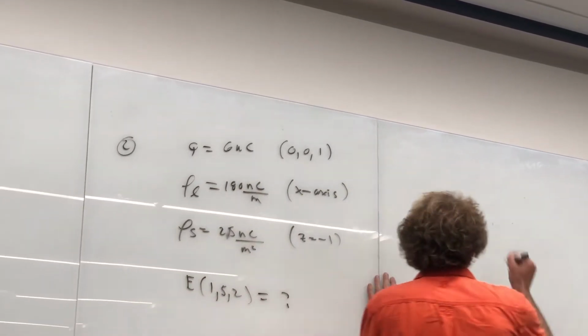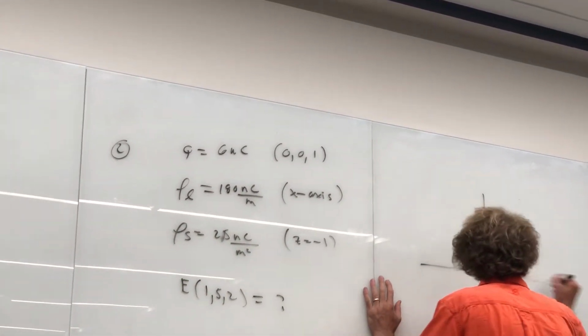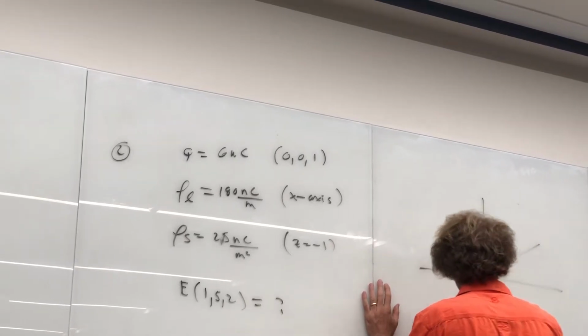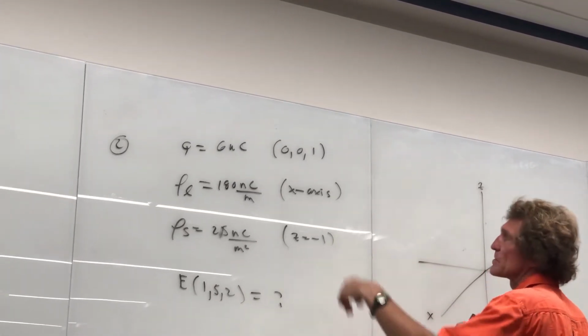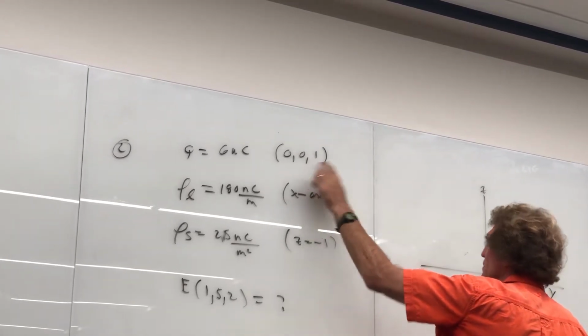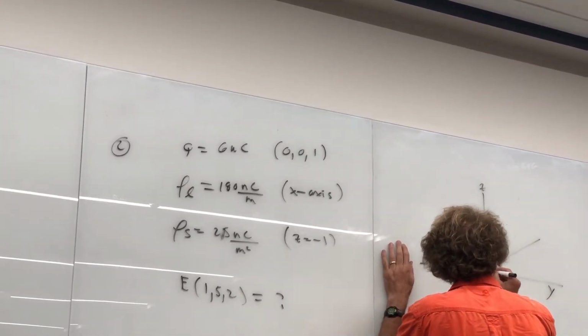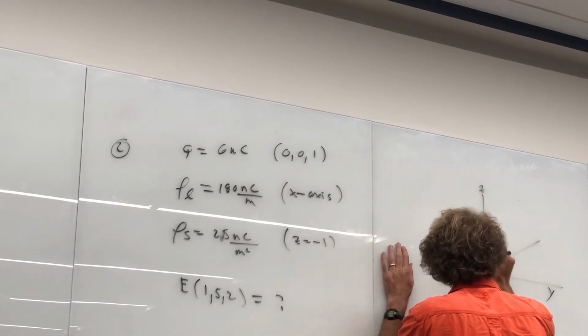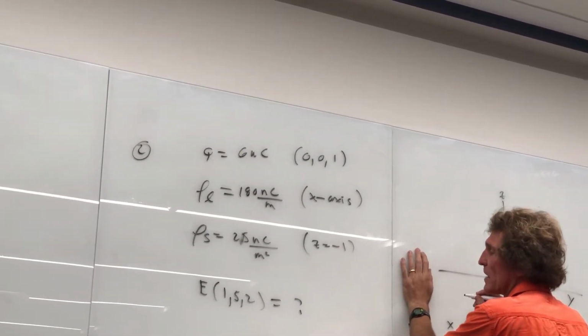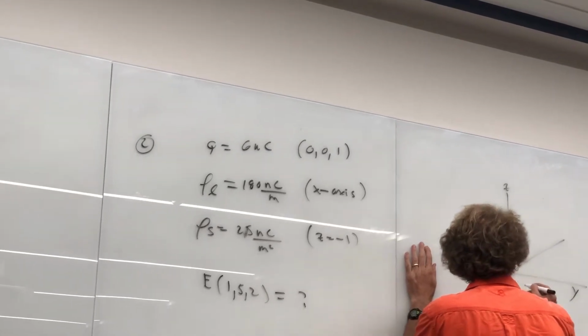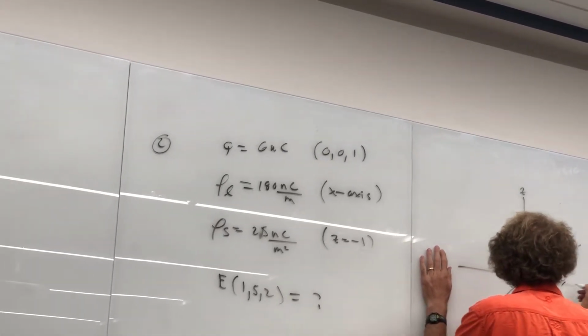First I sketched this to help me. That's Y, and this is Z. The first one is 6 microcoulombs at (0, 0, 1), so that's right here. Here's where my charge is, and then I want the field at (1, 5, 2).